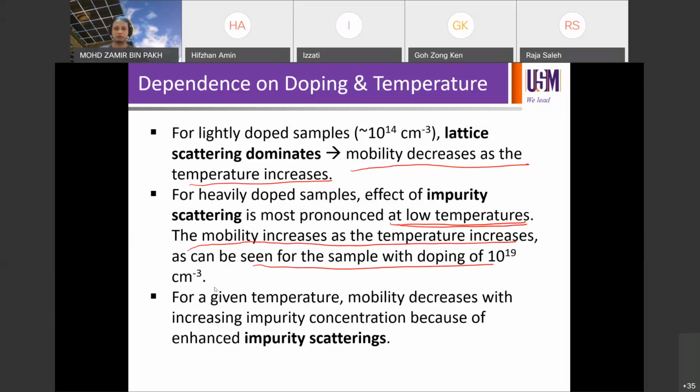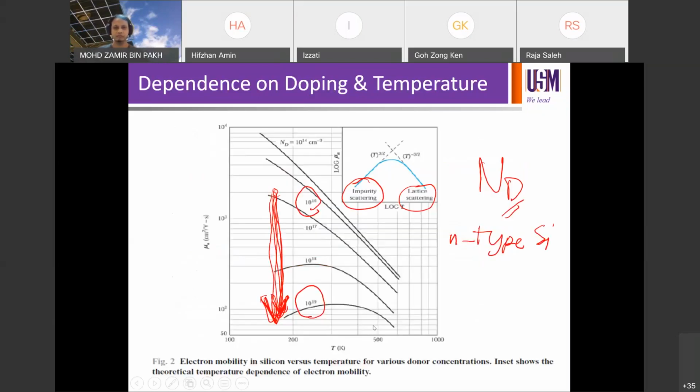So if you go back to this, you akan dapat kat sini ya, 10^19. So what happens here at 10^19? If you heat up the sample, if you increase the temperature to the right, you can see here, this case and this case, you akan dapat a little bit higher in mobility first before it drops. Okay, at this particular point, due to the increase in temperature, the mobility increases slightly.